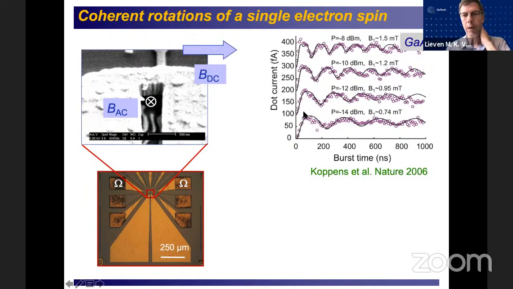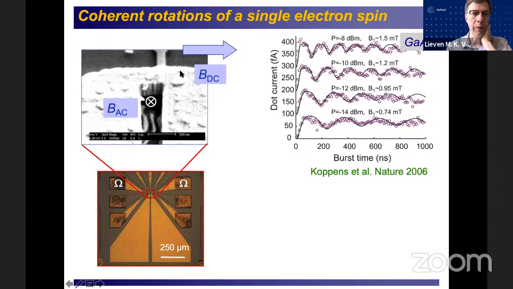I'll skip through the details of this particular axis here, but it is effectively a measure of the spin probability. These curves are offset from each other. And you see that the spin probability oscillates roughly sinusoidally as a function of the burst time. That indicates that we're taking our spin through Rabi oscillations.